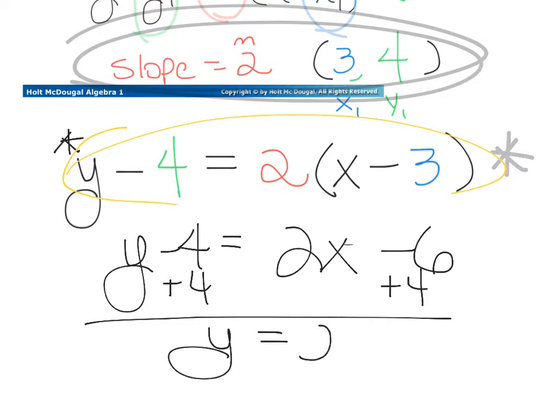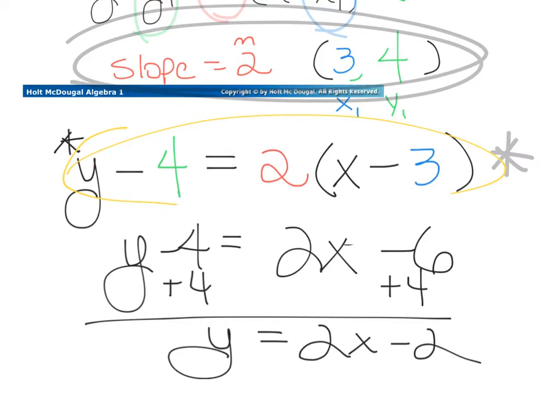And now it's in y equals mx plus b. So some of the questions are going to say, leave it in point slope. When it says leave it in point slope, you put in the 3 numbers and stop. When it says put it in slope-intercept, that's when you need to distribute and isolate y. Good? Let's do another example.